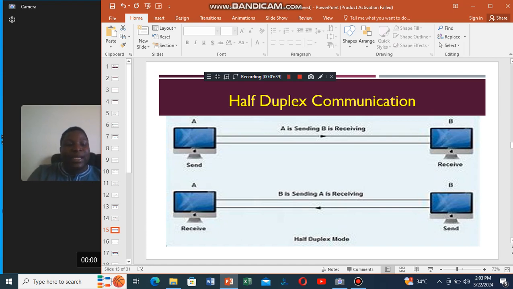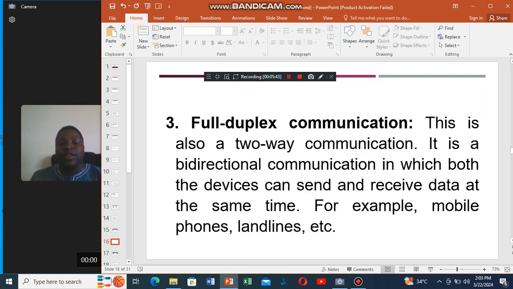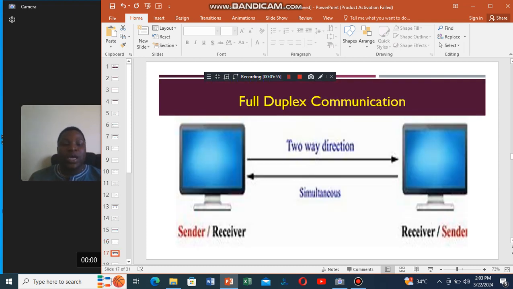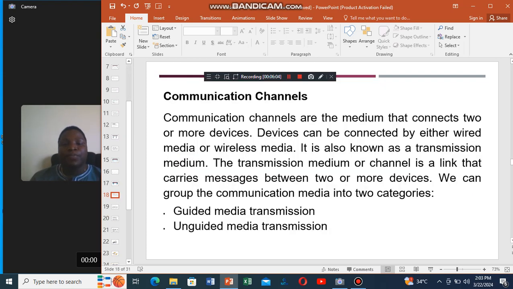At the time sender B is sending, sender A is receiving. Then we have full duplex communication, which is also two-way, but both of them can send at the same time. Whilst this one is sending, the other one is also sending. The two can be done at the same time. It is also called simultaneous.